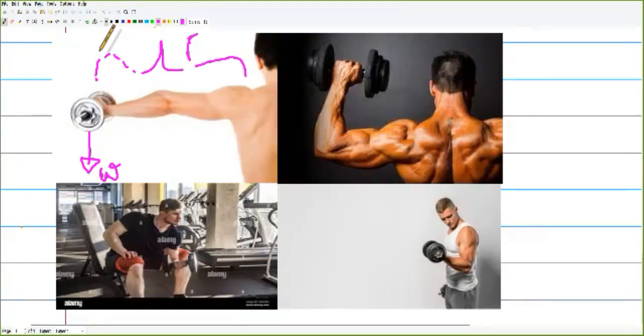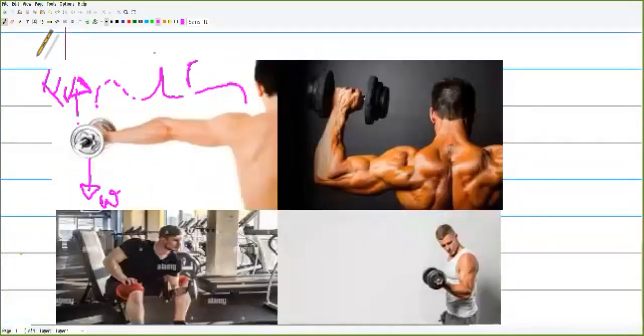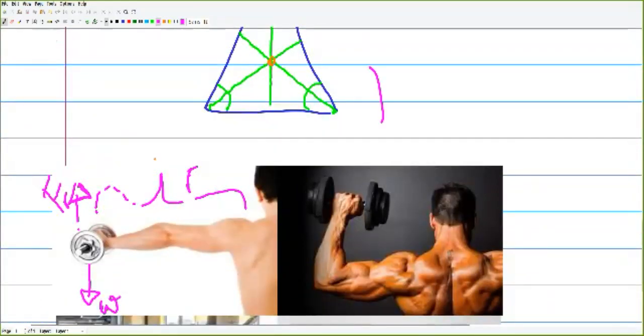And so the force that you have to exert upward is the force required. The force required is equal to the weight times R, right? And in all of them, the force is equal for everybody. The only thing that will change is the radius.